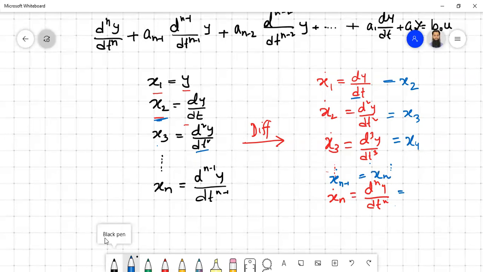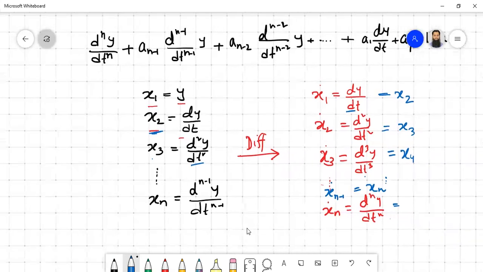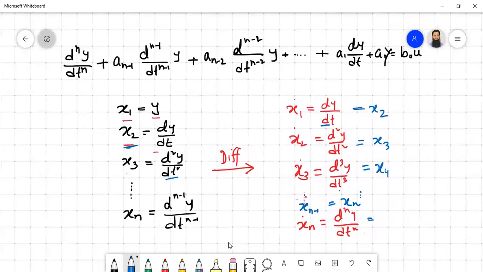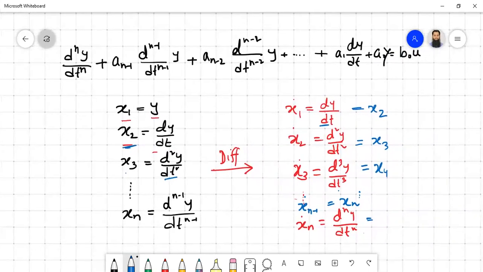What about the last one? The last one will actually come from this derivative. So you have to be a bit careful about this one. This is nothing but your a0 x1, and this is your a1 x2, and the previous one will be a2 x3.